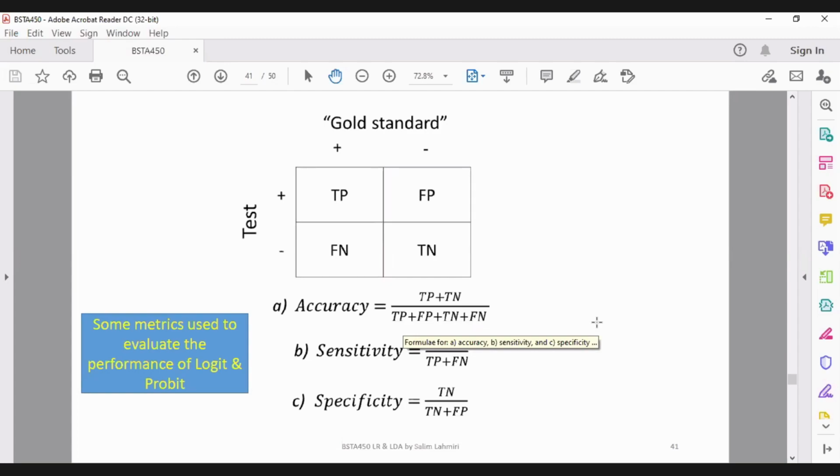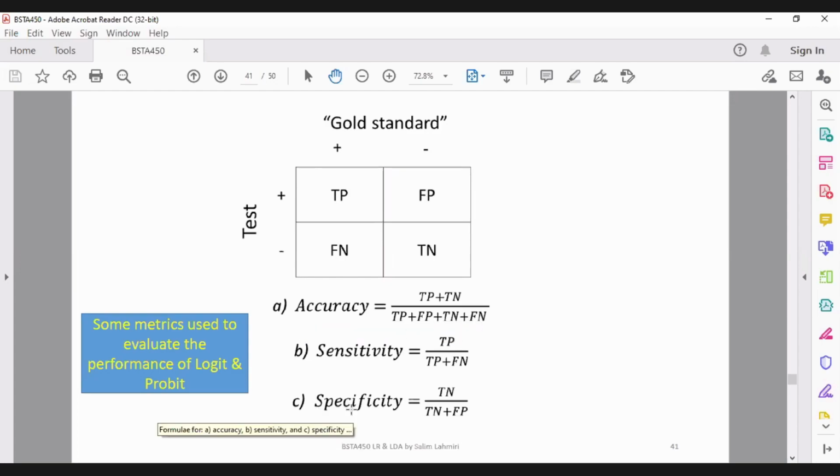And specificity is the ability of the model to correctly classify true negatives. If you are more interested in good classification of non-bankrupt companies, for example, true negatives, negative is not bankrupt, so if you're interested in good classification of true negatives, better for you to look at the specificity metric.